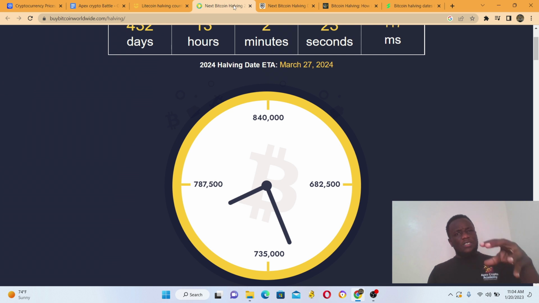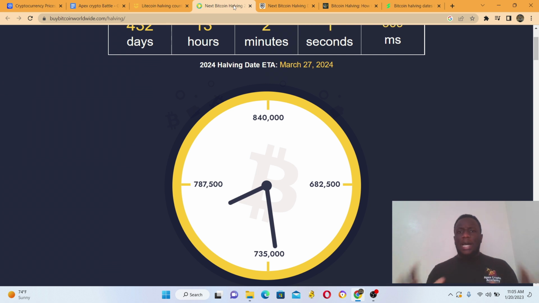Then in the next 432 days, the Bitcoins you are getting per block are going to be cut in half. That sums to about 3.125, I'm not so sure. So that implies you'll have decreased supply. But remember, the price of Bitcoin, the market cap, and the supply should all balance.